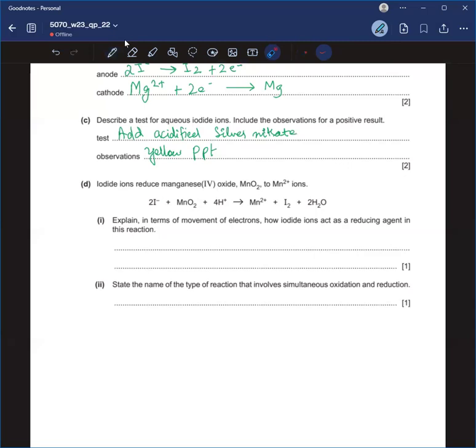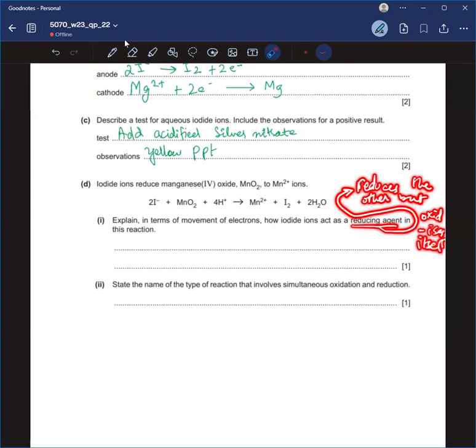Let me write it for you here. A reducing agent is the one which reduces the other but oxidizes itself. You have to keep this in mind.